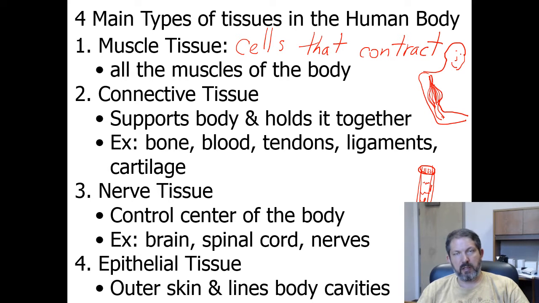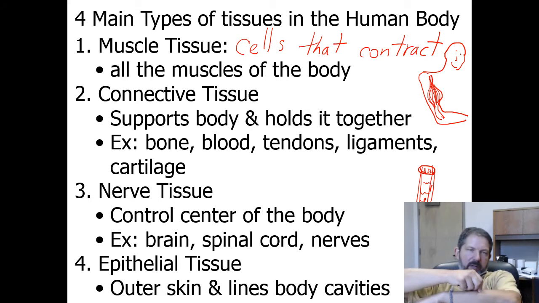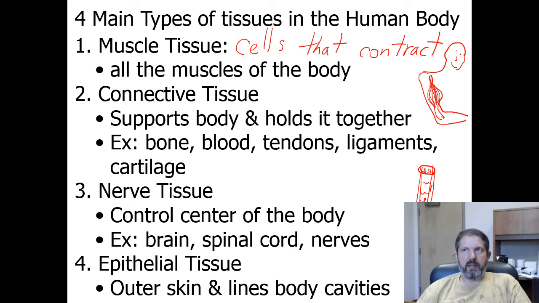Those are tendons. Ligaments that connect bone to bone, that's connective tissue. And then there are things that are connective tissue that don't really seem like they're connecting things, but they're still considered connective tissue. Fat is considered a connective tissue. You can argue, I've got a little layer of fat beneath my skin, and it's connecting my skin to my muscles, so it is connective tissue.